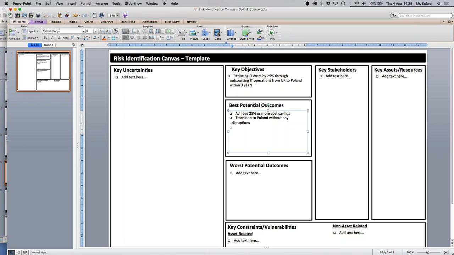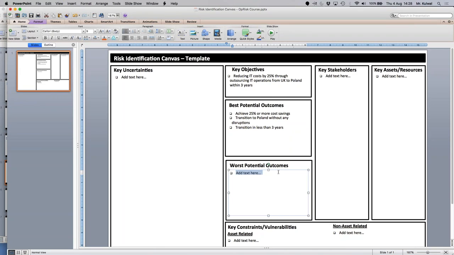Oh, transition in less than 3 years. Okay, yeah, so that's a good one. So one of the positive outcomes may be that we are able to transition in less than 3 years. Okay, so 2 or 3 outcomes will work for us.